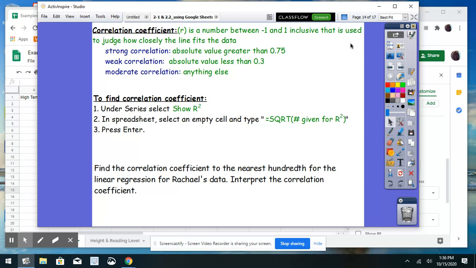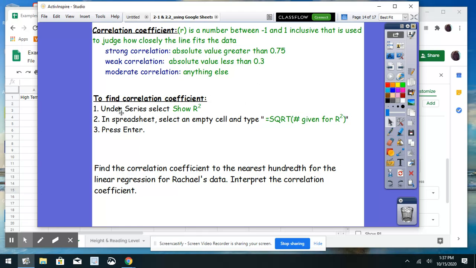It's called R, and it's going to be somewhere between -1 and 1. A negative would tell us it has a negative correlation, and a positive would tell us it has a positive correlation. But if the absolute value is greater than 0.75, then the correlation is really strong. If it's less than 0.3, it's kind of weak. And if it's somewhere in between, then it would be a moderate correlation.